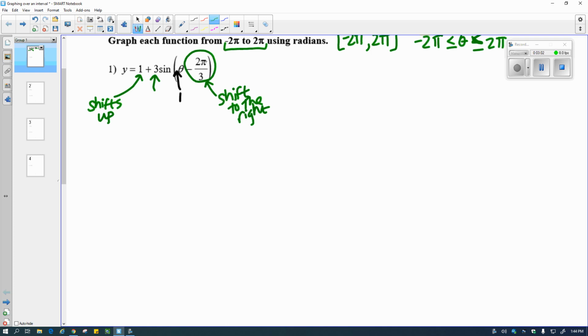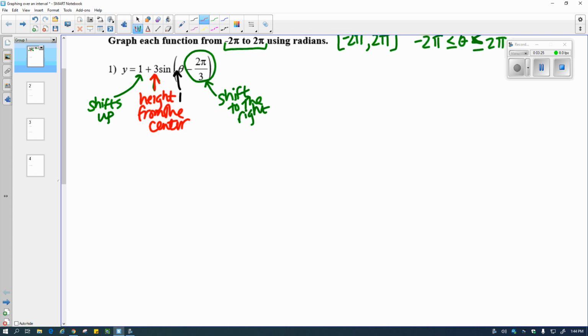That 3 in front, that 3 there, is the height from the center, which is shifted up. And so it's going to go 3 above the center and 3 below the center.